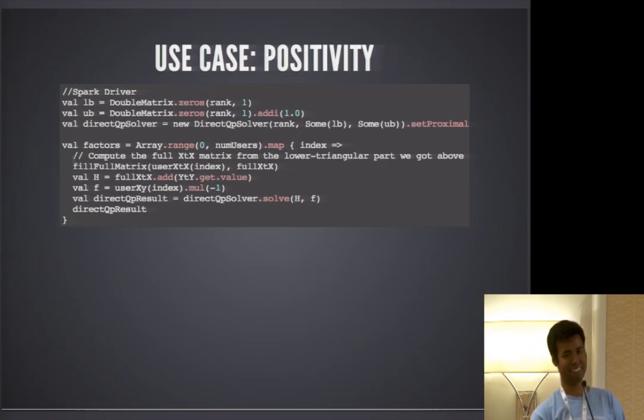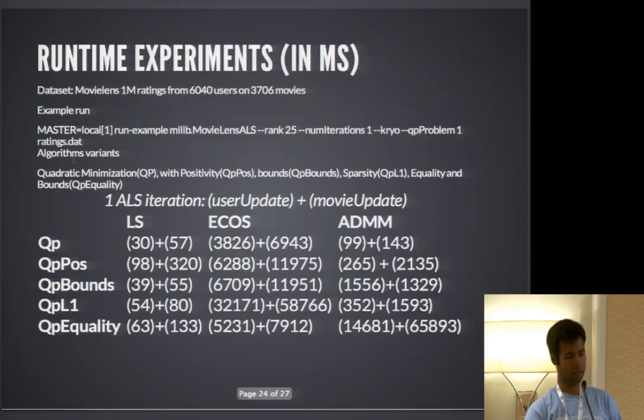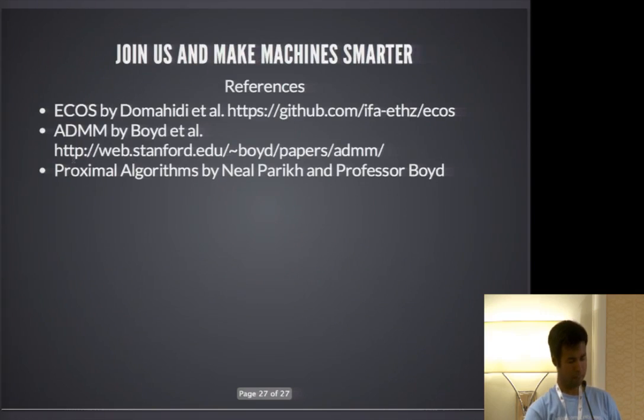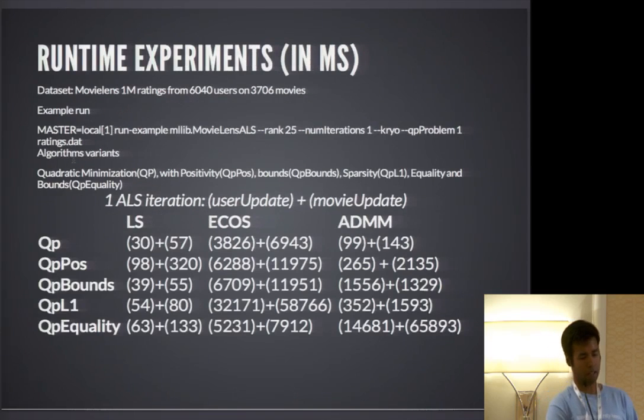Sure. After 1.0, we put a non-negative least squares sparse solver into ALS. That's based on projected conjugate gradient. Did you run some experiments against that? Yes. Right now, that's your QP positive.